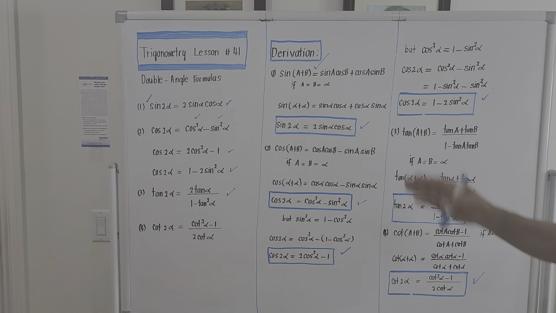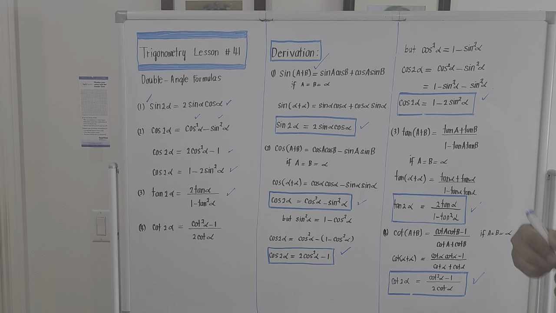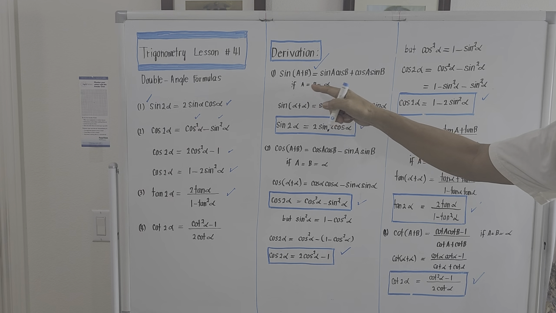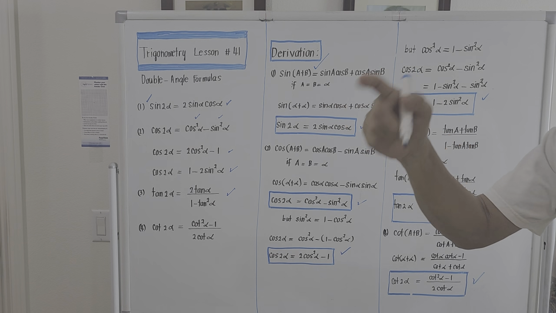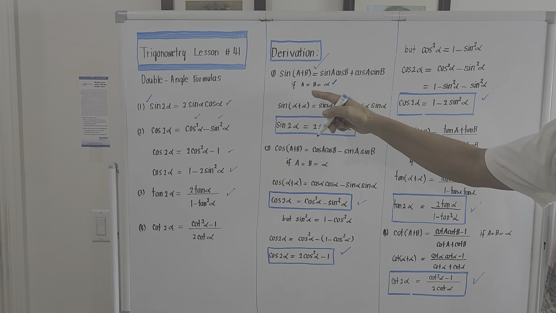To obtain the double angle equivalent of a sine function, there will be a condition: a is equal to b, and we will equate that to alpha. Meaning, we replace a by alpha and b by alpha.